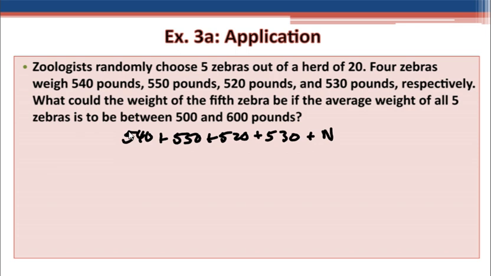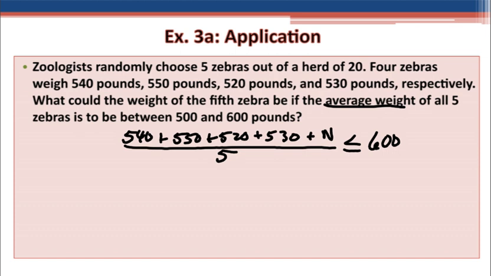But since they said they're looking at the average weight, average means you add them all up, divide by how many zebras, which would be 5. And it has to be between 500 and 600 pounds. So on the high end, it has to be 600 pounds. So it cannot be more than 600. And on the low end, it has to be 500 or more. So I put the 500 here.